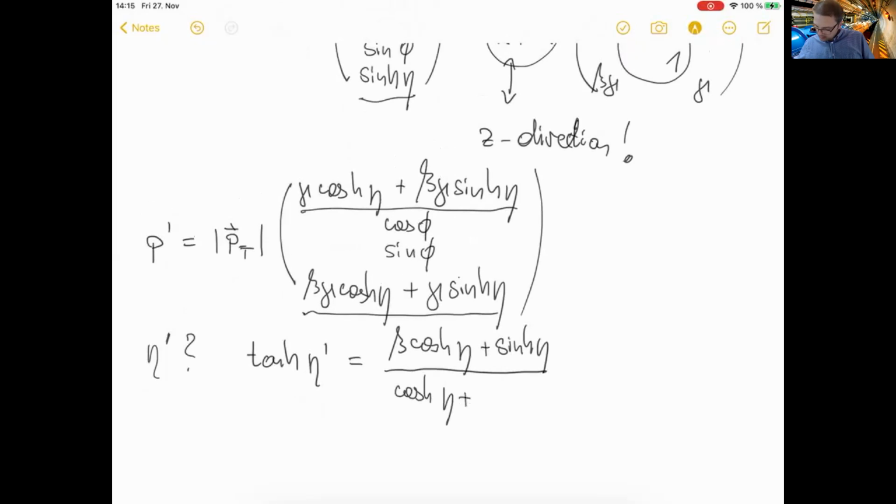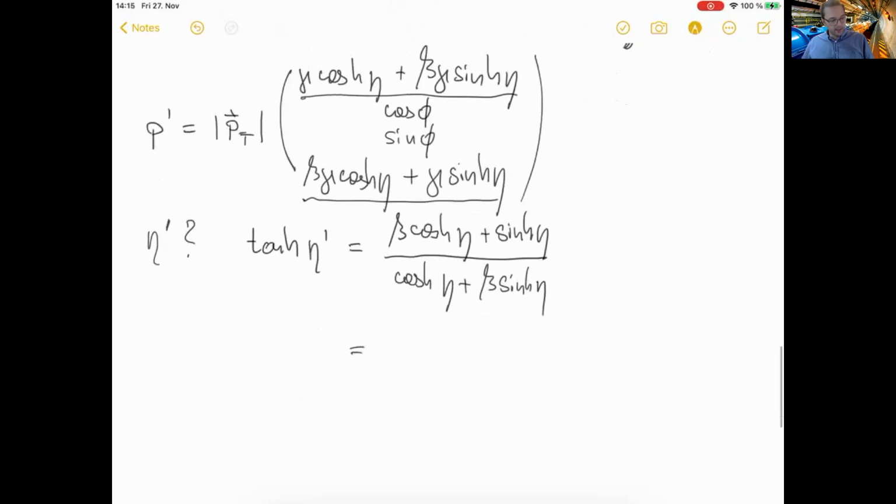cosine eta plus beta sine hyperbolicus eta. And now I divide by cosine hyperbolicus eta in the numerator and in the denominator, and I find beta plus tangent hyperbolicus eta divided by 1 plus beta tangent hyperbolicus eta.